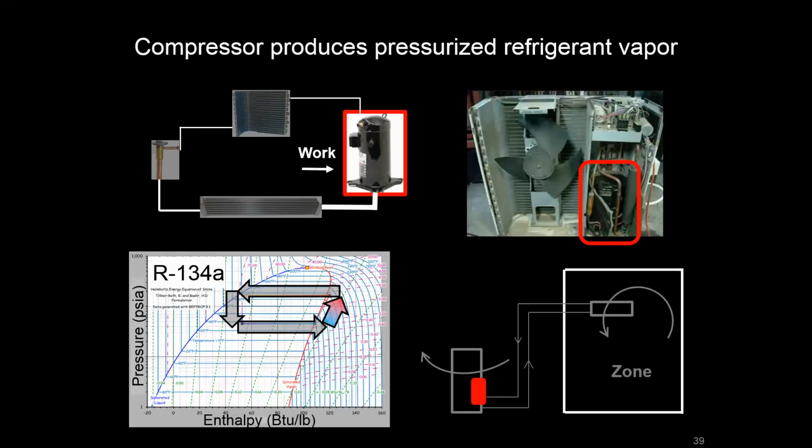And you can see on the saturation chart that we're going to see a little bit of an enthalpy change from the heat that's picked up. And we're going to see the pressure get to the constant pressure line that we see it go at across the condenser process.